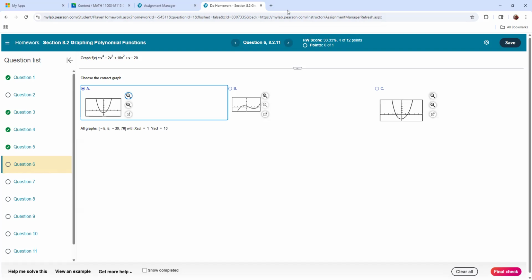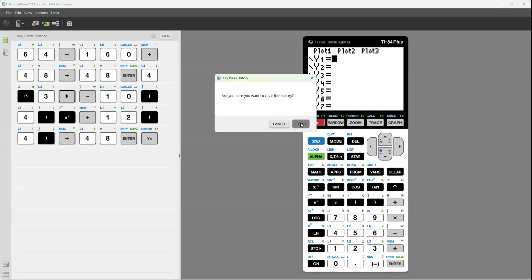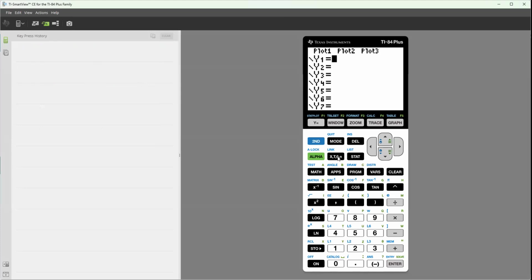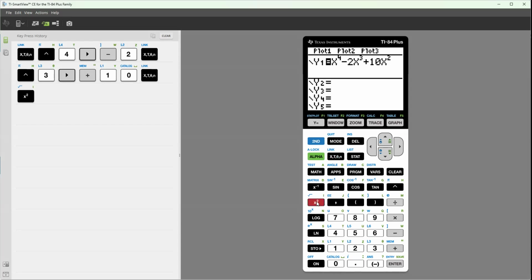All right, y'all, so here we go. Calculator. We're going to go to y equals. Now, we'll put in my polynomial first, x to the fourth. So x, arrow up for the exponent 4, arrow right to come down, minus 2x, arrow up for the exponent 3, arrow right to come back down, plus 10x squared, plus x, minus 20.